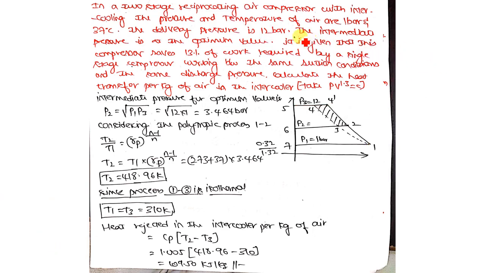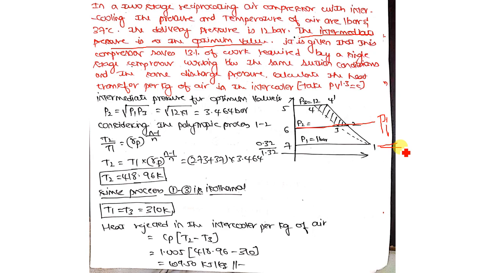So the value of Pi is optimal. What do you mean by optimal Pi? It is the value of Pi at which the work input to the system is minimum. The value of Pi at which the work input to the system is minimum is known as the optimal value of Pi.